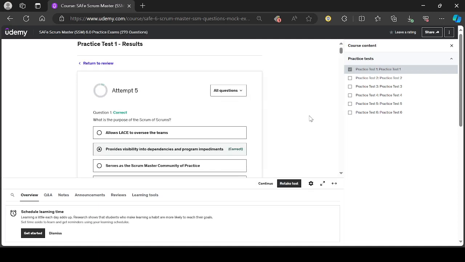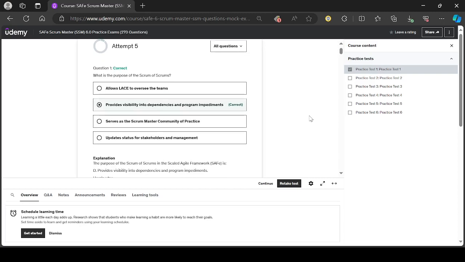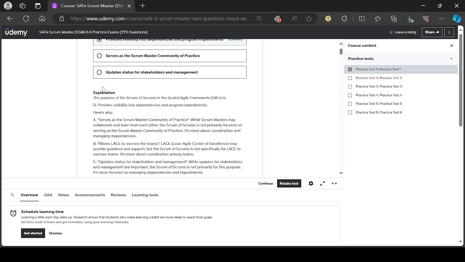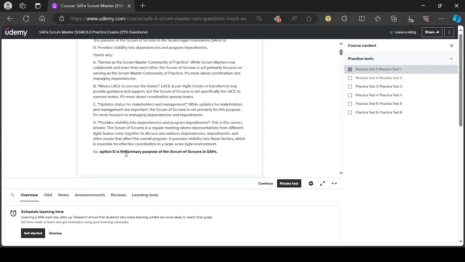When we review them, you will see that the first answer is correct. And the great thing about it is that it not just explains why providing visibility into dependencies and program impediments is important. It also tells us why A, B, C are wrong, and then of course why D is correct.